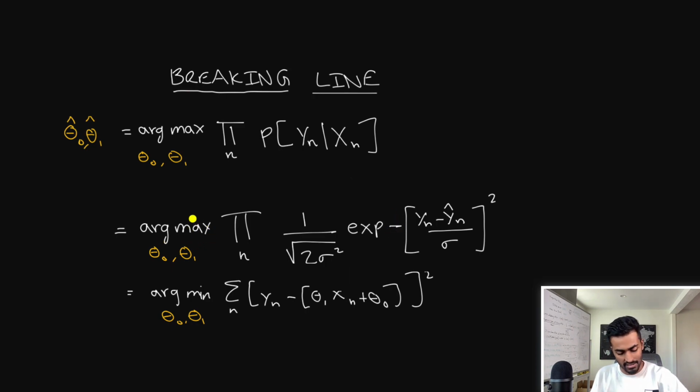So the max here just becomes min, and then we ultimately get the fact that we need to minimize the residual sum of squares in order to find the maximum likelihood estimates of theta 0 and theta 1. And from here, we already know that this is a super popular equation that we always see when we're looking at linear regression.